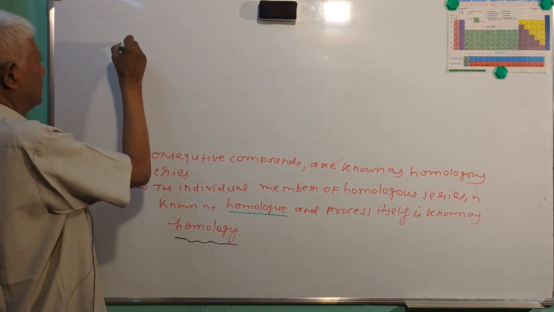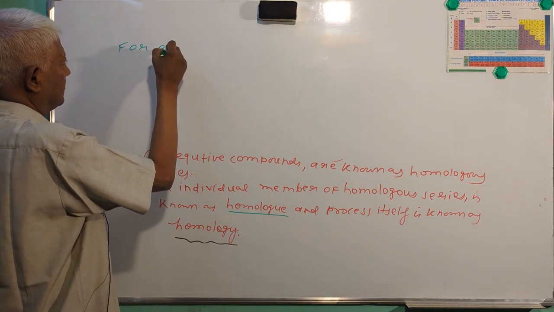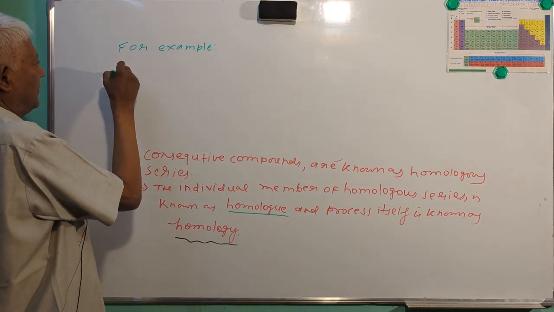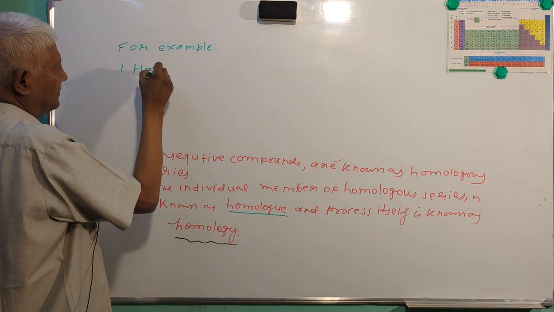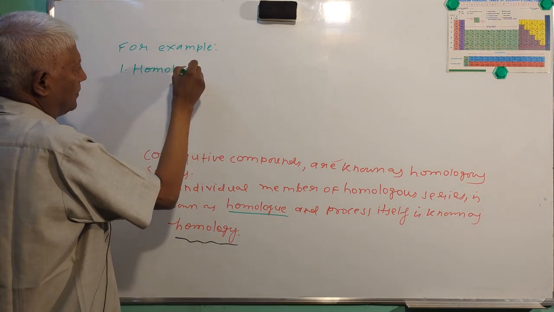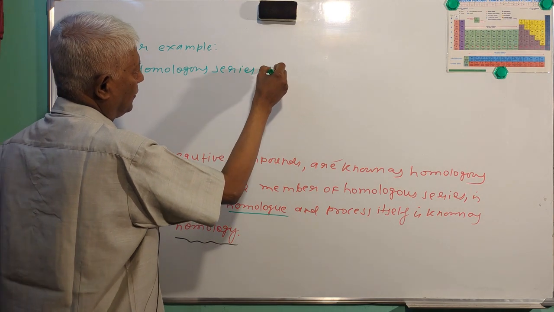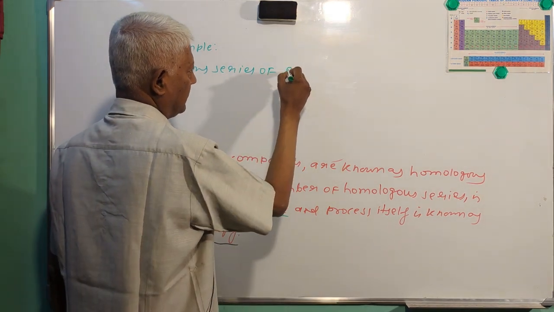For example, the first one is the homologous series of alkane.